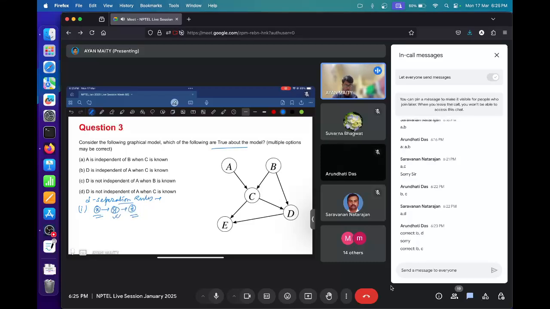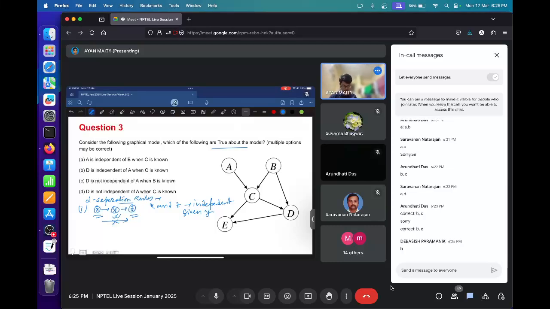So if y is given in such configuration, x and z are independent. Y basically blocks this path from x to z if y is given. So if the path is blocked, x and z are independent in that case. If there is at least one path from x to z, then x and z would become dependent. So this is the first rule.